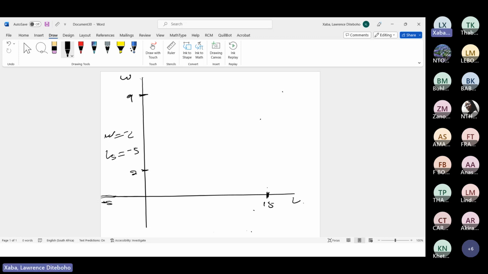So our graph looks like this. That is our graph. Also, if you look at this one, it's going to move from this side and goes this way.